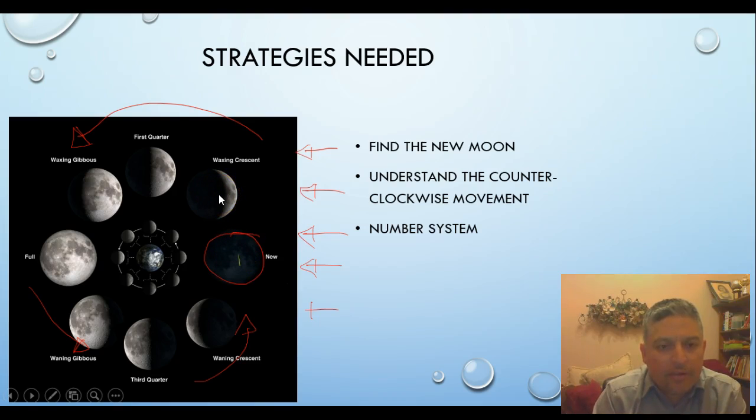Your waxing crescent will be number 2. First quarter, number 3. Waxing gibbous, number 4. The full moon, number 5. Waning gibbous will be number 6, third quarter number 7, and waning crescent number 8. So those are always going to be our numbers.